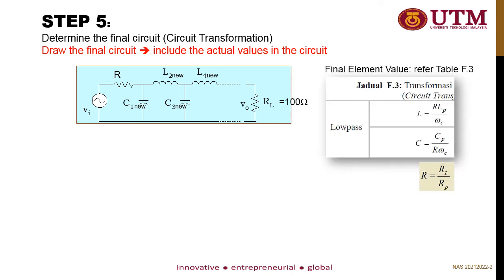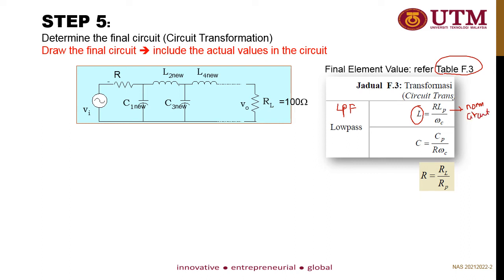In order to get the new values, you need to refer to table F.3 circuit transformation. So this is low pass filter, as stated in the question. So your L new will be calculated by using this equation, RLP divided by omega C. So LP is the values in the normalized circuit.